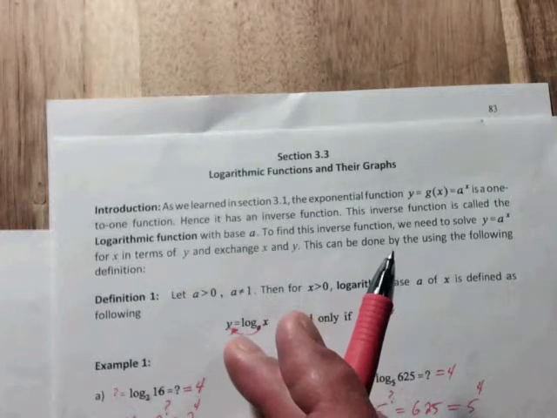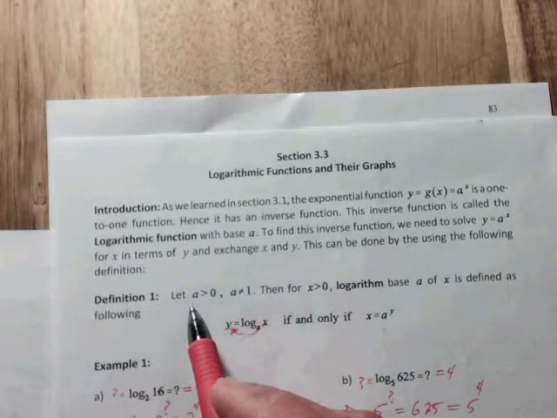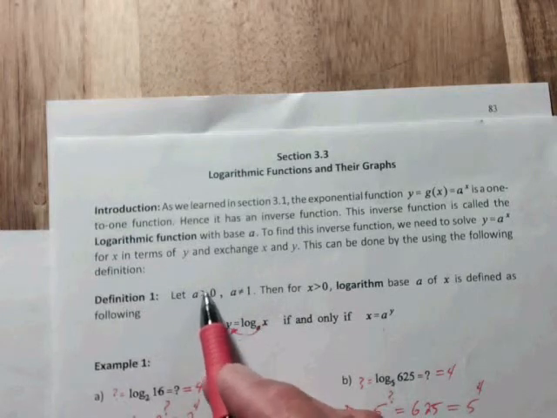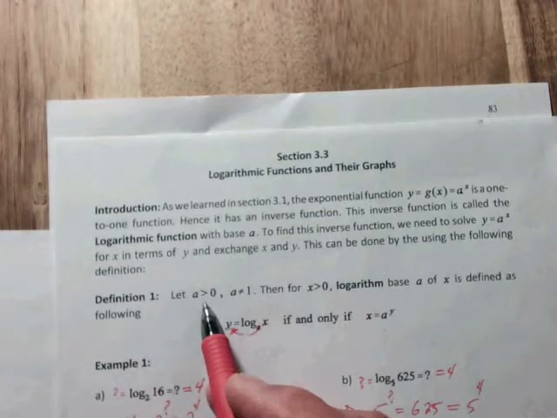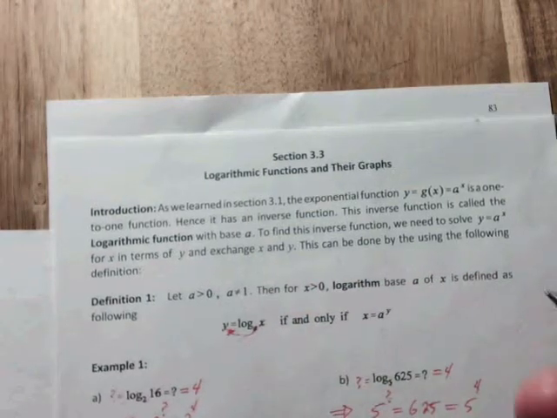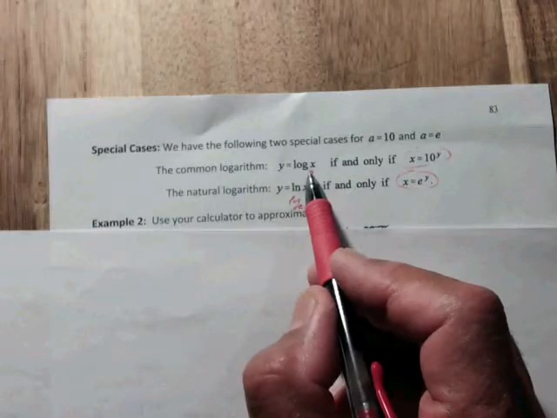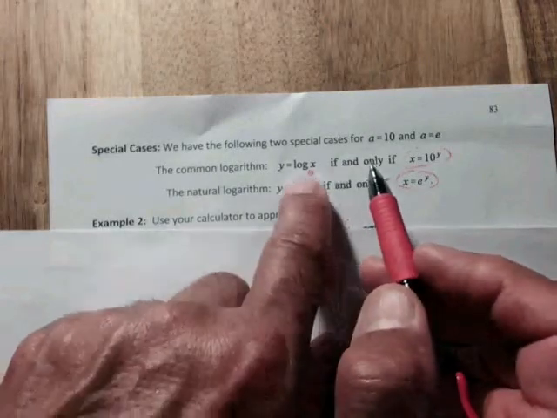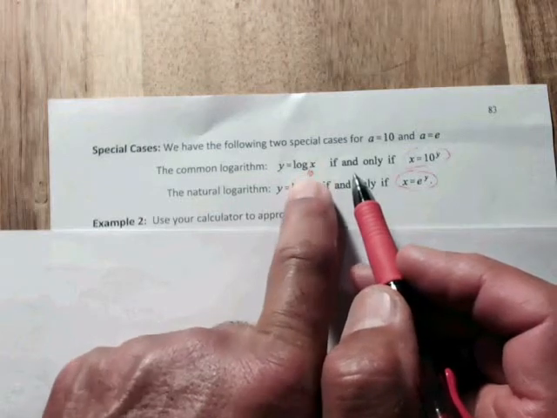Remember we also discussed the natural base, the natural exponential function, e to the power x, that e was important. So if I choose this a to be 10 or e, if you don't see any number here, it's 10. So if you don't see anything there, it's log of x, that means log of x to base 10.